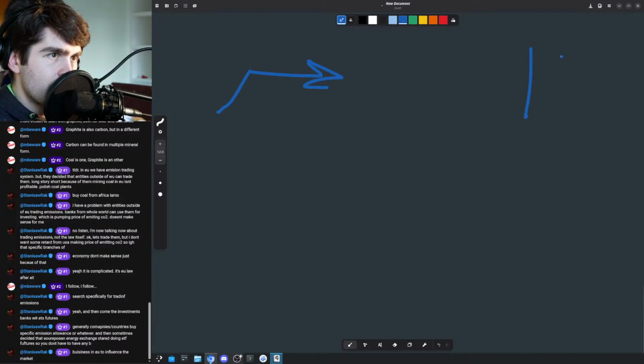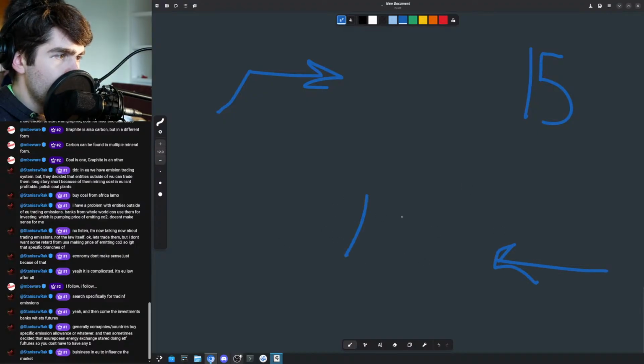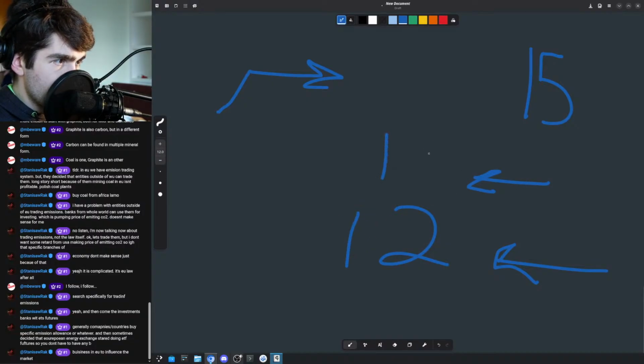So let's say $15. And the buyer will want to buy at a specific price, let's say $12. In a market that is highly illiquid, you will have these insane differences between the prices. Where if your market is more liquid, instead of having these big differences, what you will find is something that feels more like this.